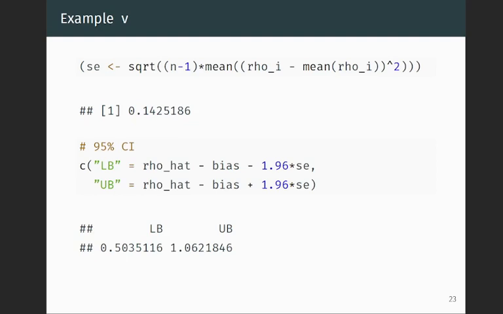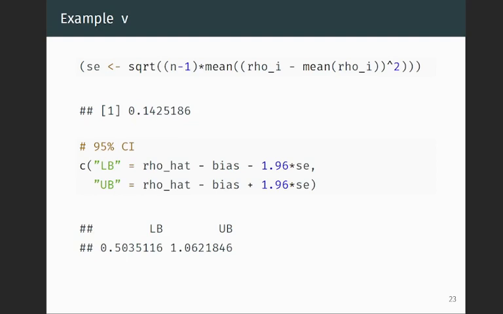When I construct a 95% confidence interval, I'm taking rho hat minus bias, plus or minus 1.96 times the estimate of the standard error. And what I get is the following. The lower bound is 0.5 and the upper bound is 1.06.